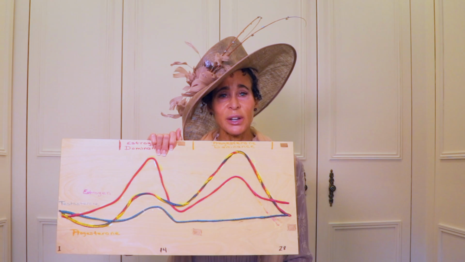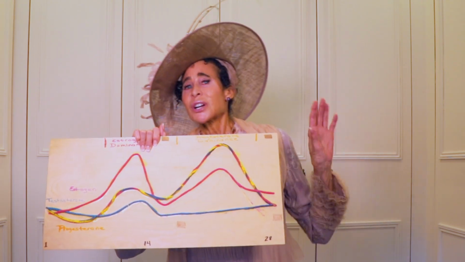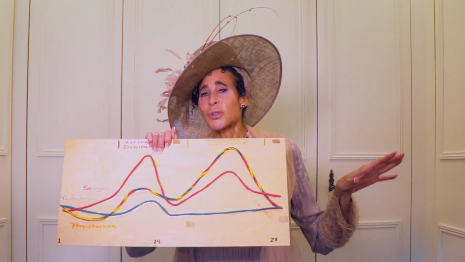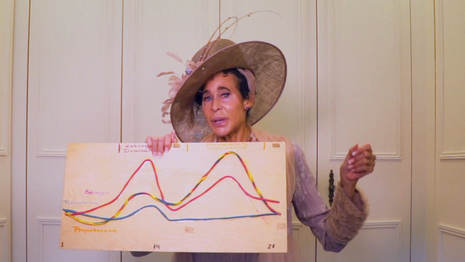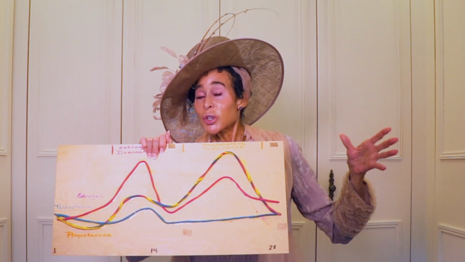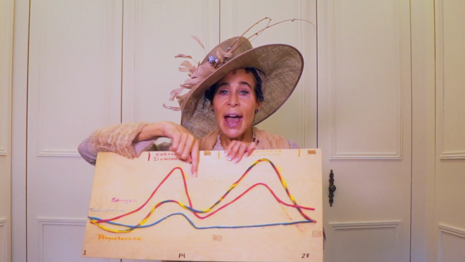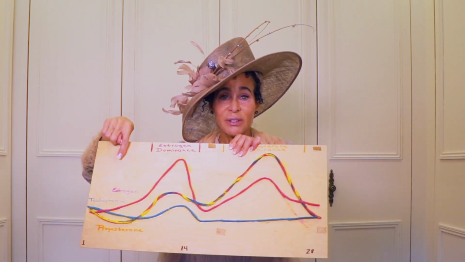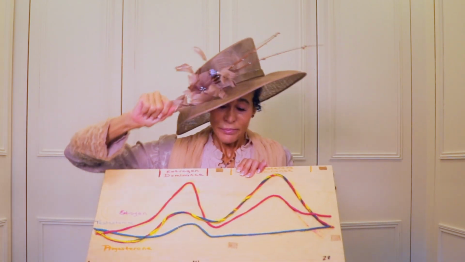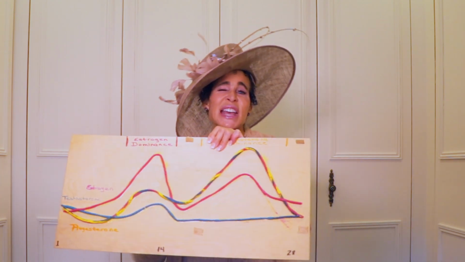Others show some slight variation, like what you see here. But regardless of whether progesterone is a flat line or a bit variable, it certainly doesn't contribute much to your symptoms in the first half of your cycle. And then, bam! On day 14, it starts to take off.